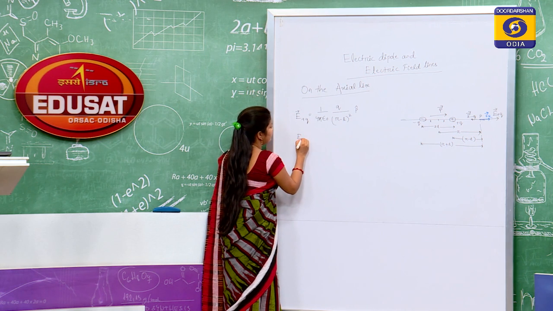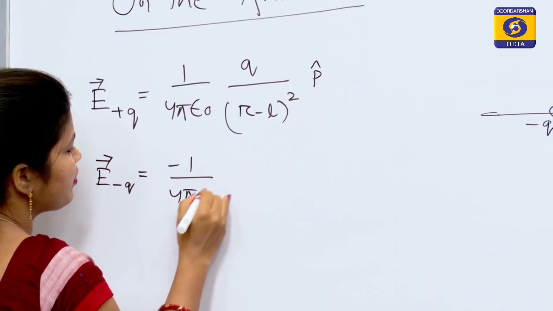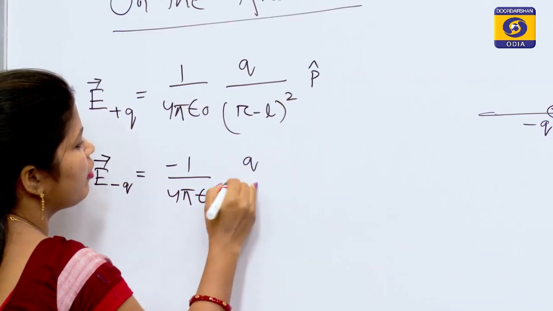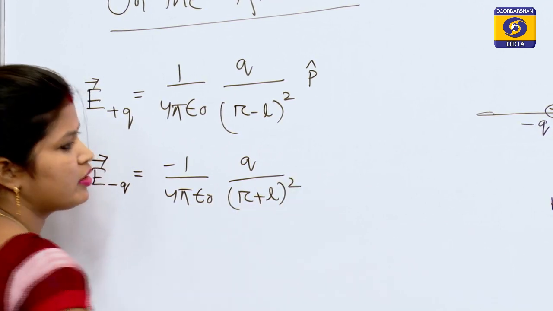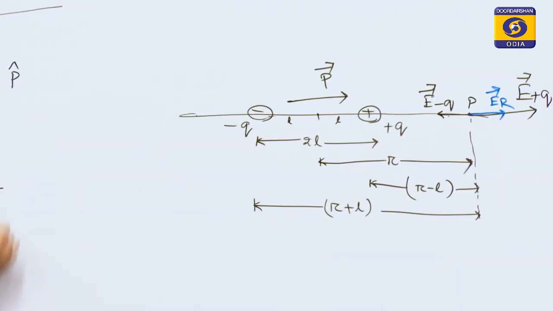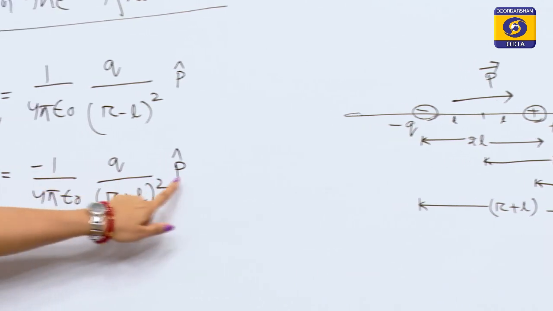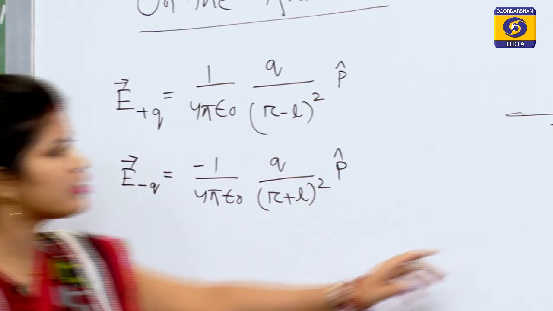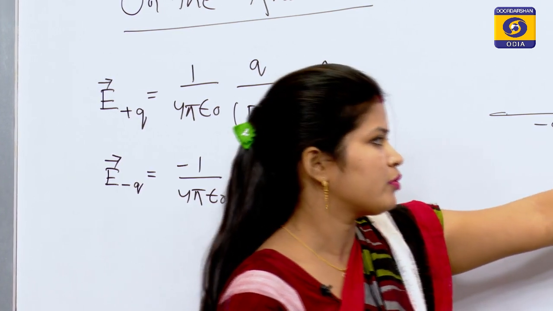Similarly, electric field due to minus q is equal to minus 1 upon 4 pi epsilon naught q upon r plus L whole square. The distance is r plus L, along p vector. Here the negative sign means the direction is opposite to p, E minus q.